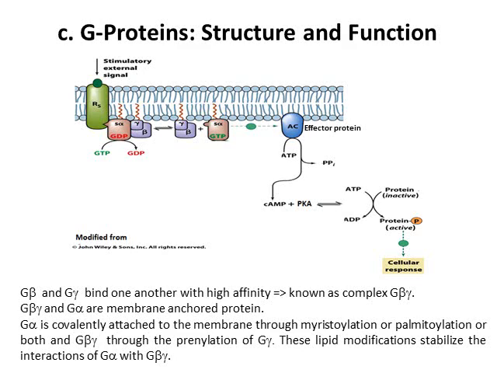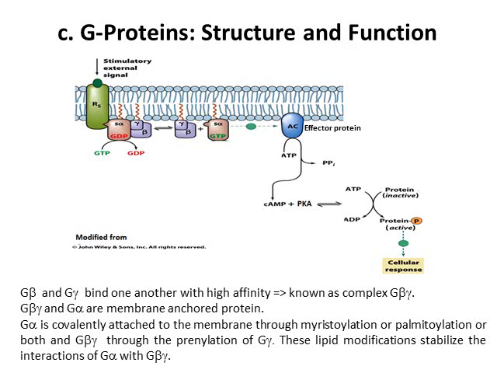So we have these 3 subunits, alpha, beta, and gamma, bound to each other, and they are anchored or attached to the inner surface of the membrane. G beta and G gamma bind one another with high affinity. That's why we refer to them as a complex, G beta gamma.